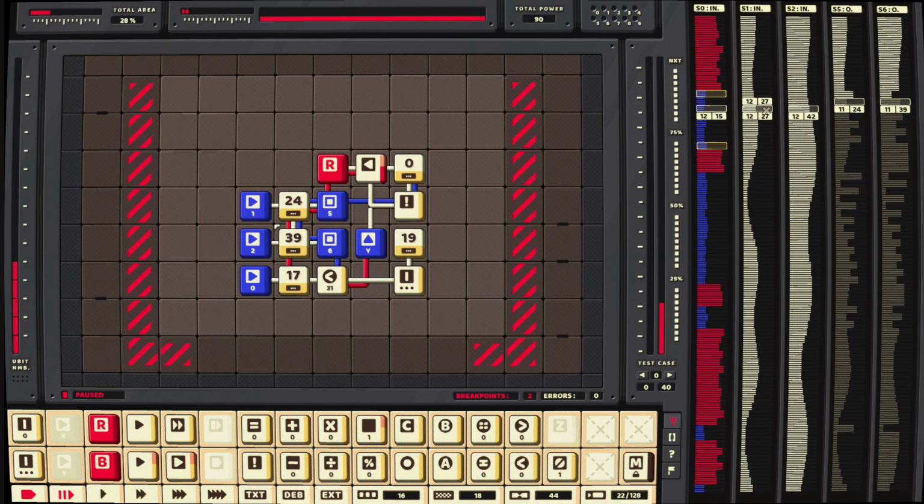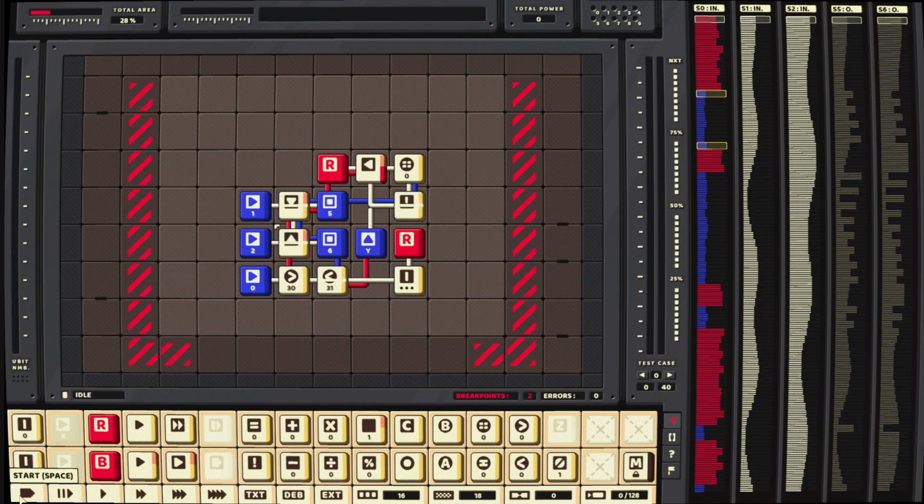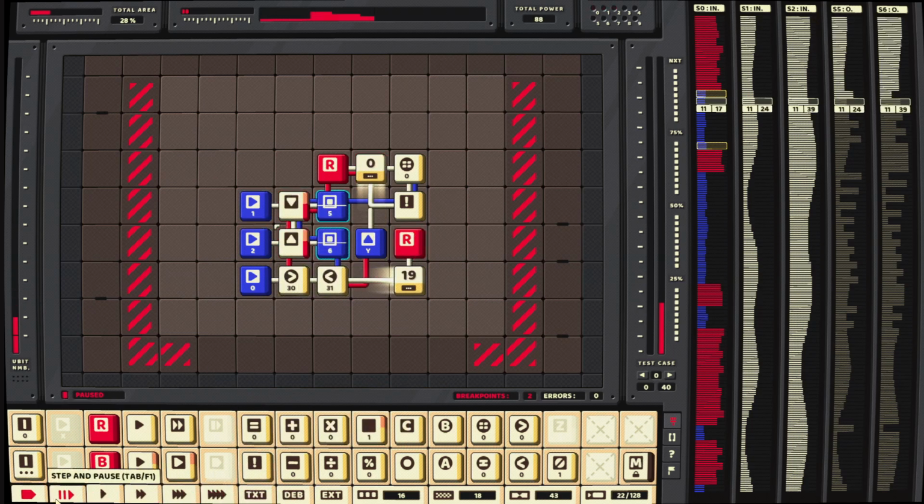Let this 12 go to 5 as normal, right? Doesn't work. Why not? So this is the state I want to understand.